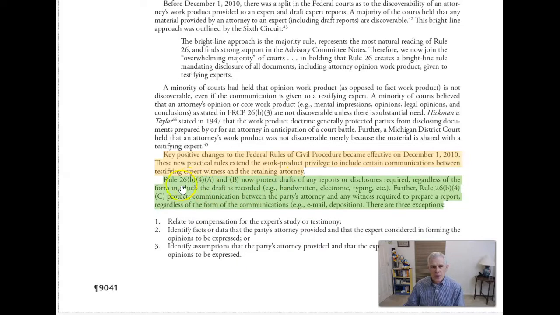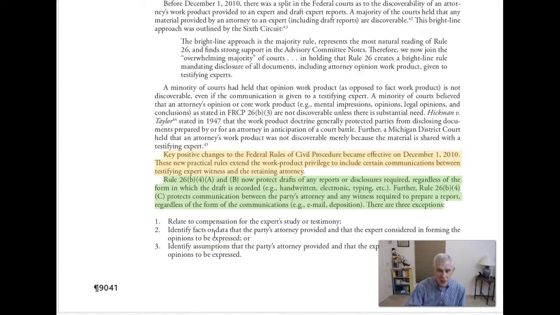So Rule 26(b)(4)(A) and (B) now protect drafts of any reports or disclosures required, regardless of the form in which the draft is recorded, and it further protects communication between the party's attorney and any witness required to prepare a report, regardless of the form of communication. There are three exceptions to this rule. There's almost always an exception to everything in the law, so be careful. But there is some protection there.